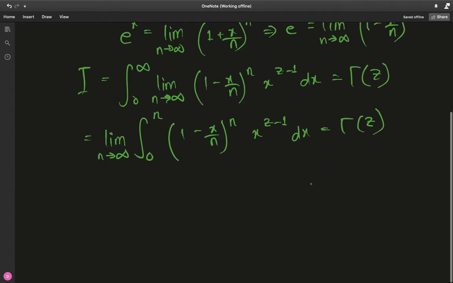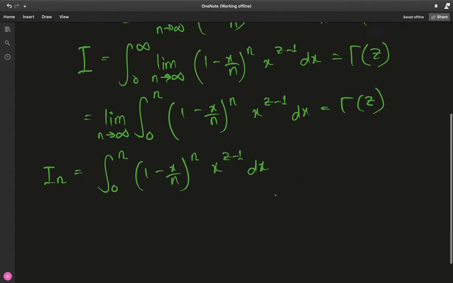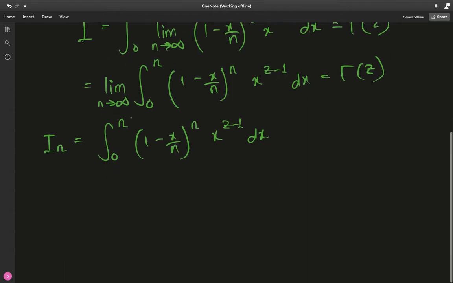Now I'm going to generalize I. So let's call it I sub n, and we're going to define that without the limit. So the integral from 0 to n of (1 minus x over n) to the nth power times x to the z minus 1 dx. But this is not equal to the gamma function because we don't have the limit now.